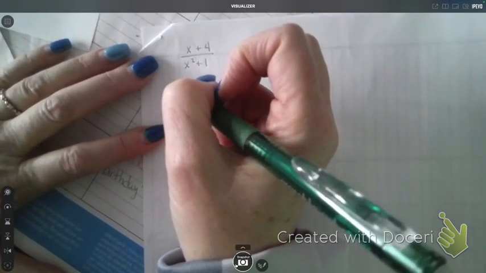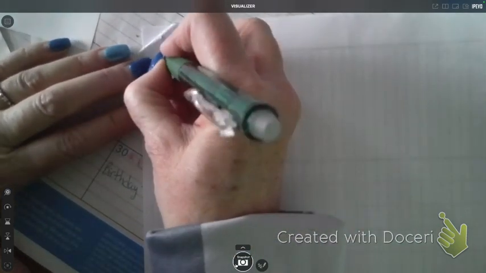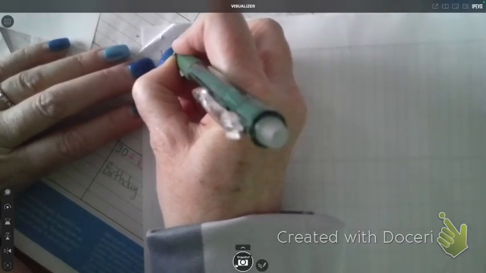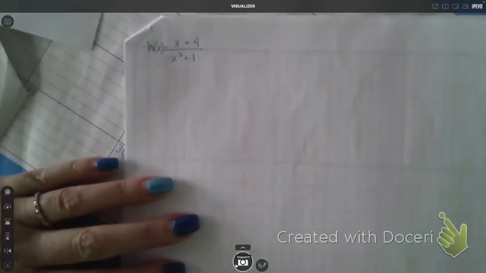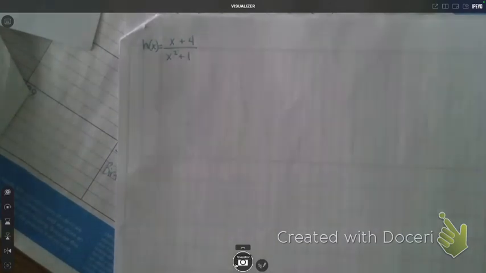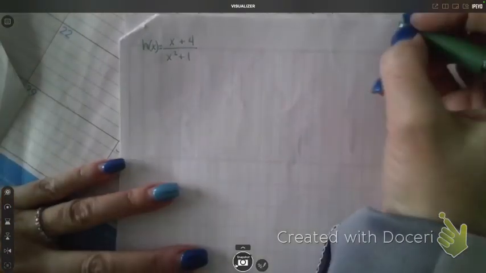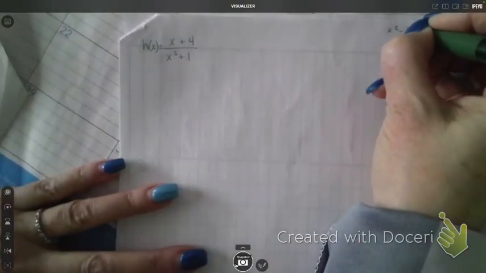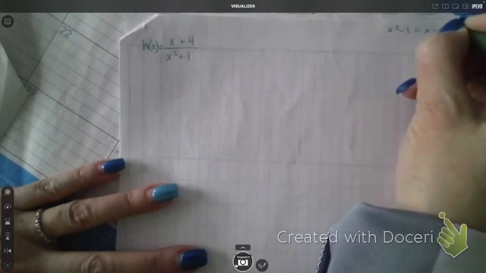And what are we going to name it this time? How about h of x? Okay. So first step is to what? Simplify. Can the numerator factor? Nope. Denominator can only if, if it was x squared minus 1, it'd be x minus 1, x plus 1.